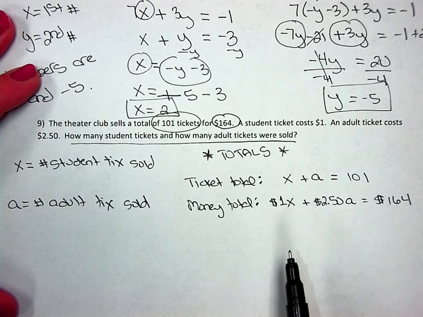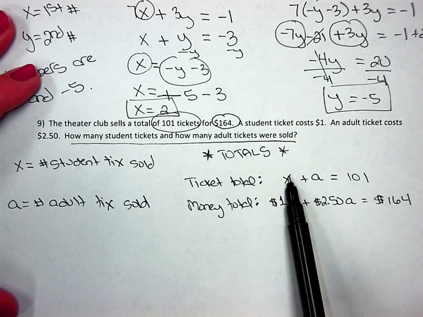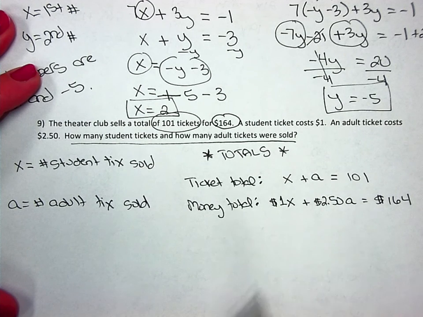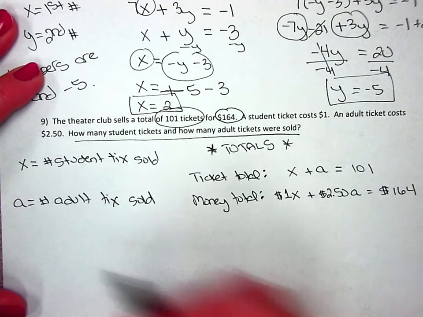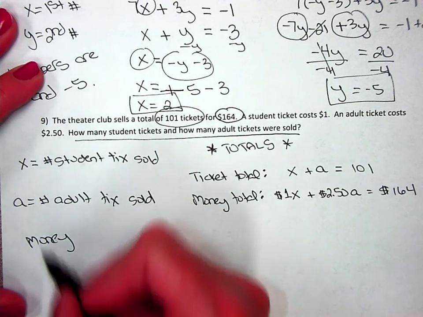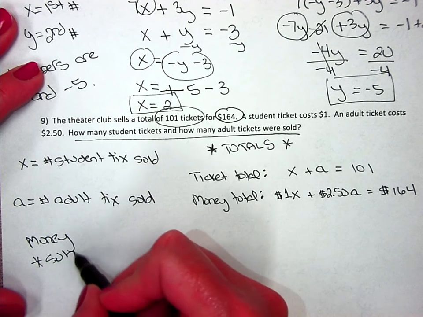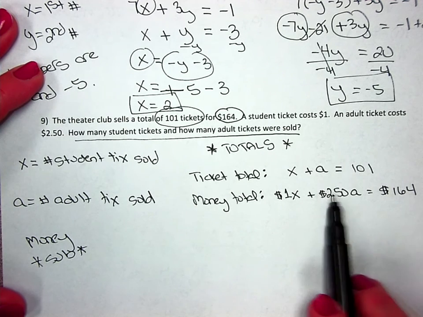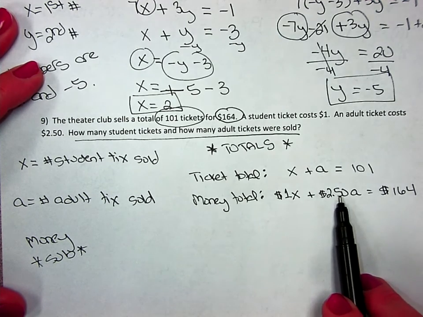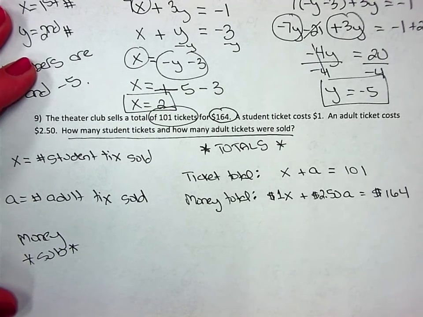Okay, so on this one, you have X's here. So since they're the same, elimination would be really, really easy. But a lot of times, when you have money equations, you need to think substitution, because sometimes the dollars are not very nice, and so substitution works out much better.